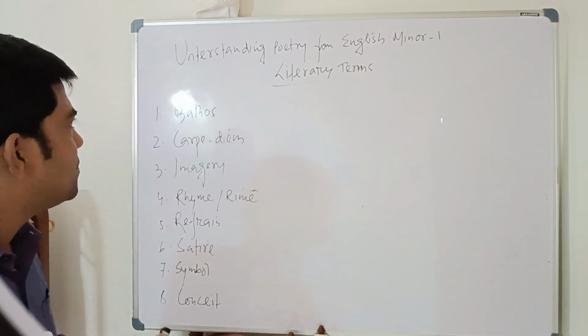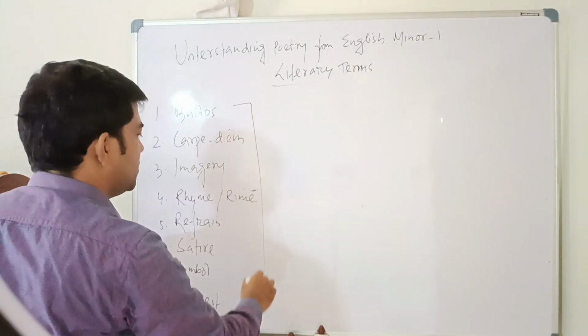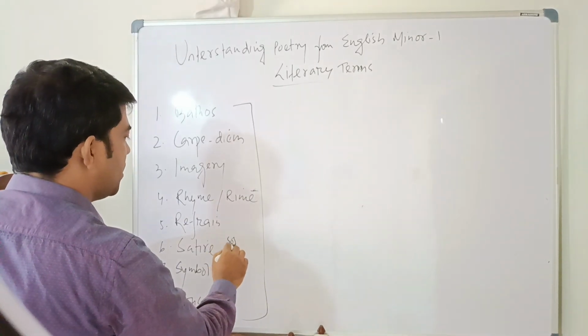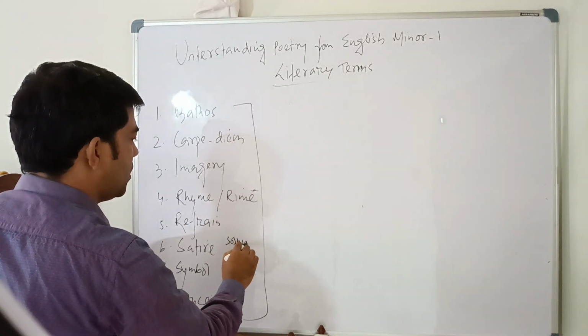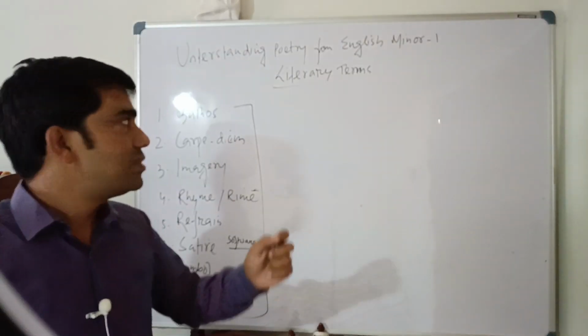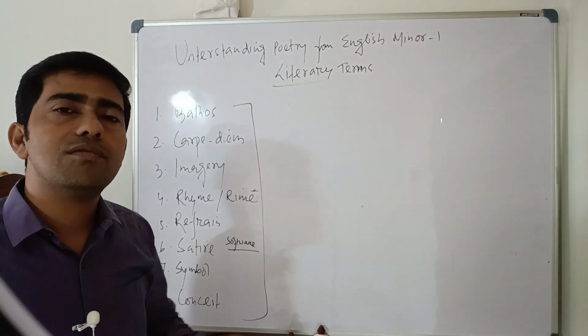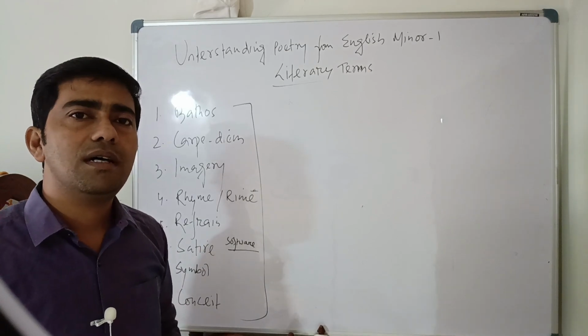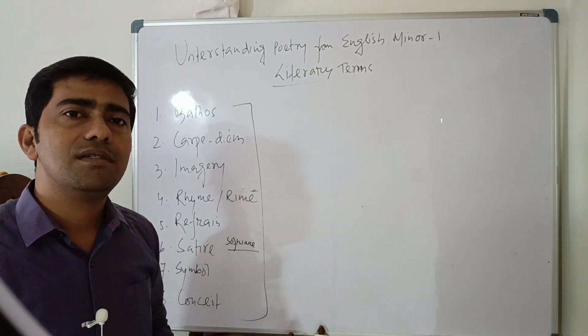These terms are named as software, because the earlier 8 terms were the poetic genres, and they are named as hardware.